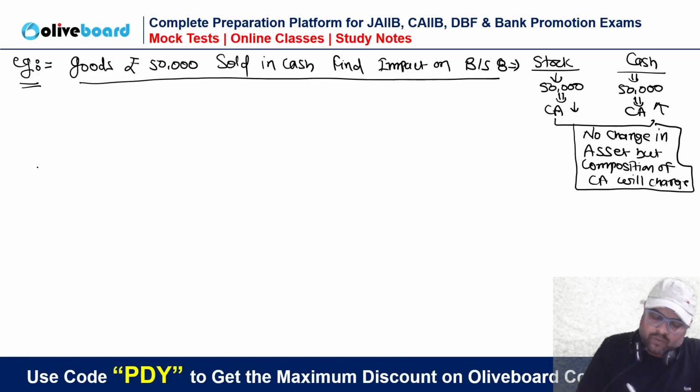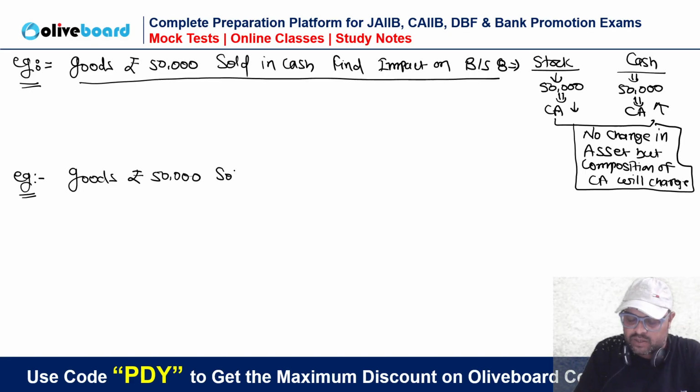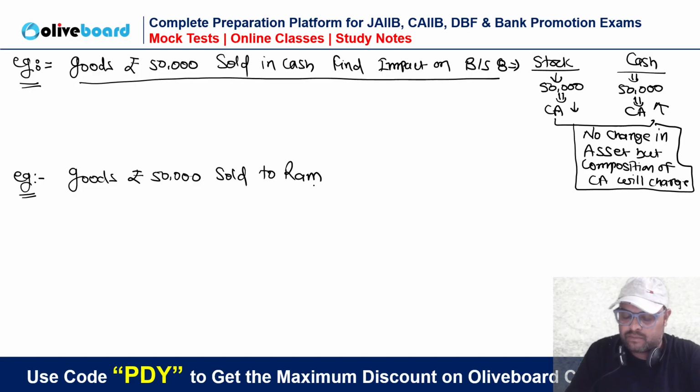Now, one more question if we take, same question, goods rupees 50,000 sold to Ram.